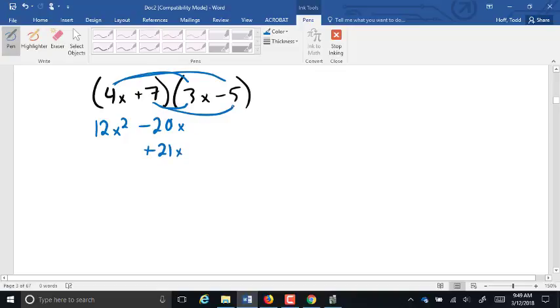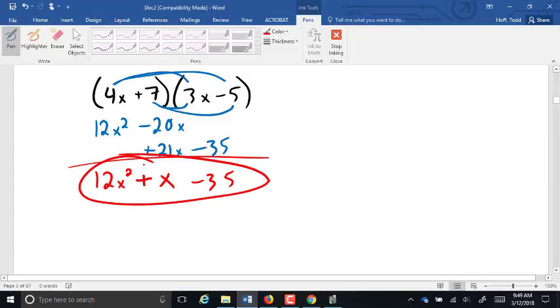And 7 times negative 5, negative 35. So we combine here, we've got the negative 35, negative 20x, and positive 21x is just positive 1x or just positive x, and then 12x squared. So if you put the 1 in front of the x, that is fine as well.